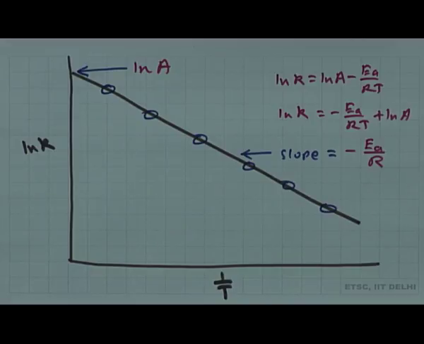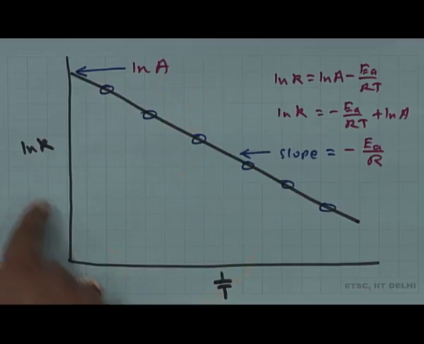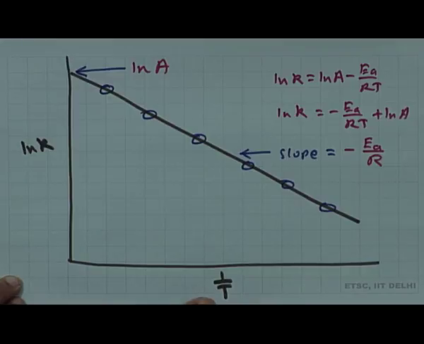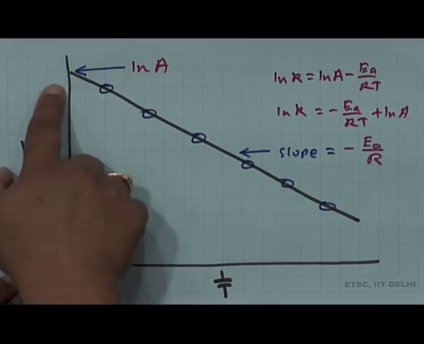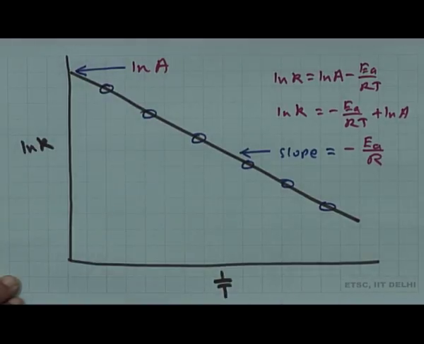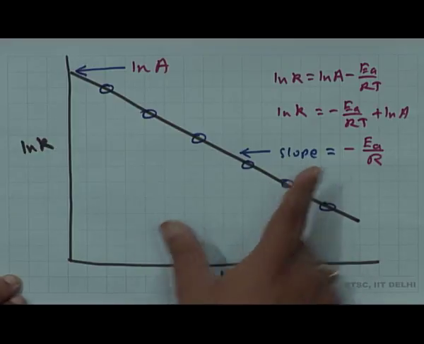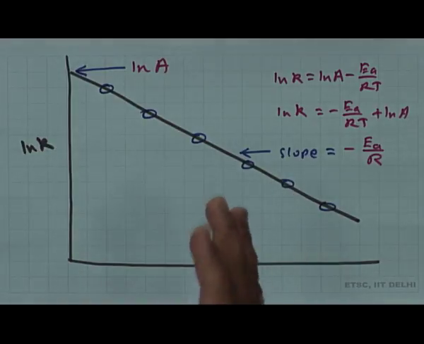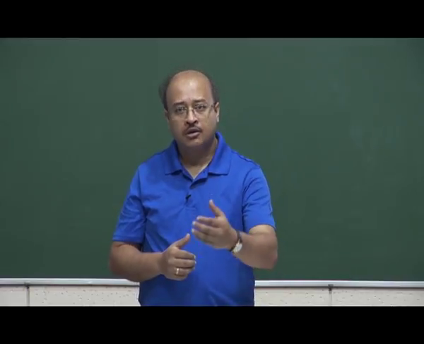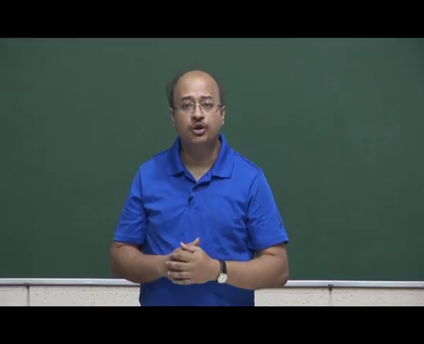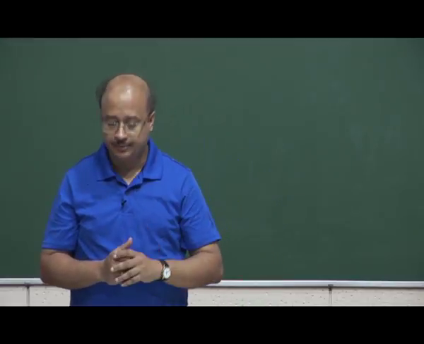So, once you have the rate constants, you plot natural log of the rate constant versus 1 by T, and from the Arrhenius equation which you already know, you get the natural log of A as the intercept, from which you get A by doing an anti-log, and the slope gives you minus E a over R. So, this is how you determine the Arrhenius parameters for any reaction you are studying in the lab, right.